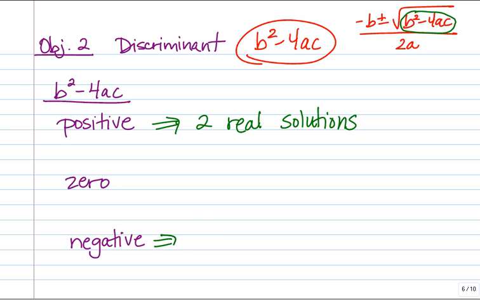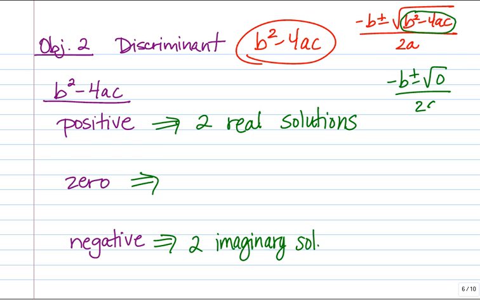So there will be 2 imaginary solutions. And what happens if it is 0? Well, what's the square root of 0? The square root of 0 is just 0, so we're really not adding or subtracting anything, so we just get negative b over 2a. So in that case, there's only one real solution.